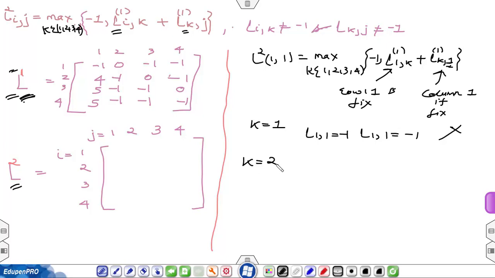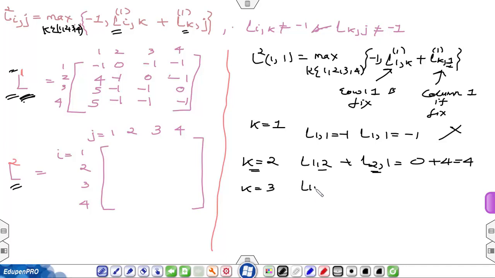For k equal to 2, this term is L1 comma 2, and this term is L2 comma 1. So 1 comma 2 is 0, it is positive, and 2 comma 1 is 4, both are positive, so we can calculate this. L1 comma 2 is 0, L2 comma 1 is 4, so the final answer is 4 for k equal to 2.